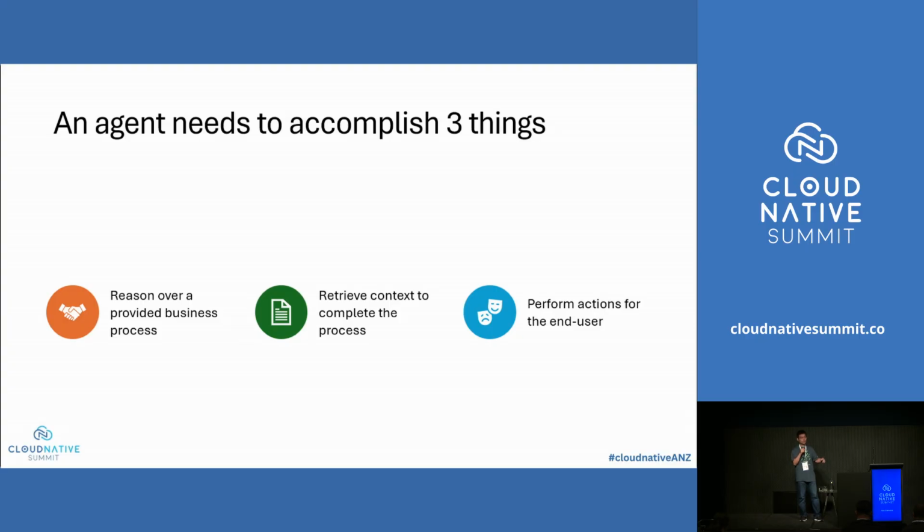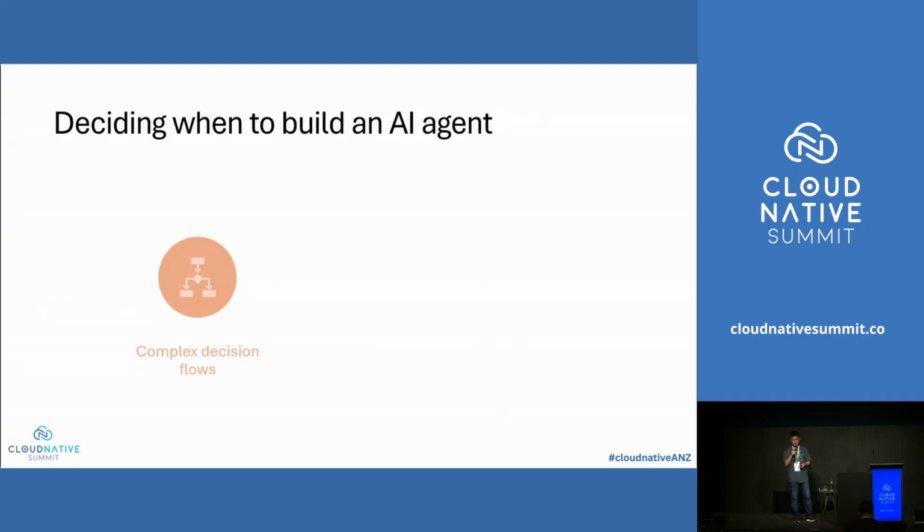It should be able to query your knowledge base or database, and it should be able to perform actions on behalf of the user. For example, the agent should be able to send emails automatically, or maybe update your CRM system, or even make a phone call, right? That's perform actions.